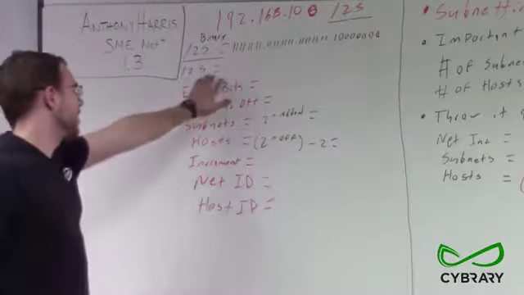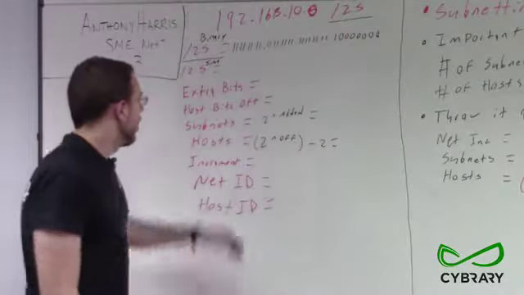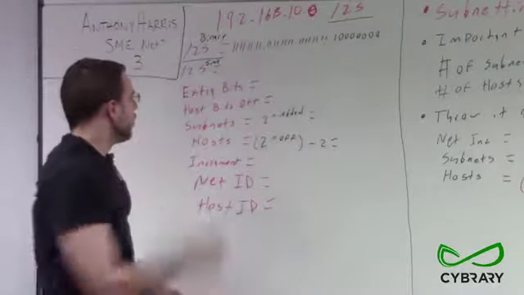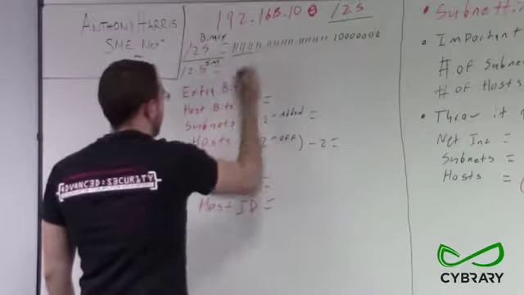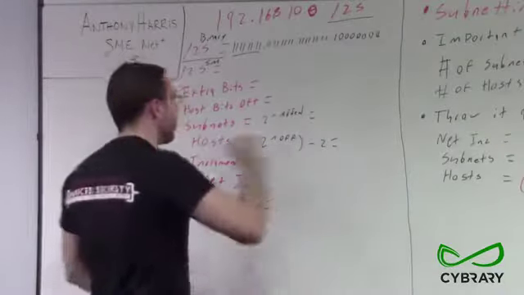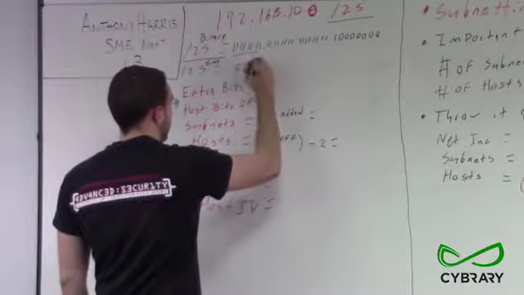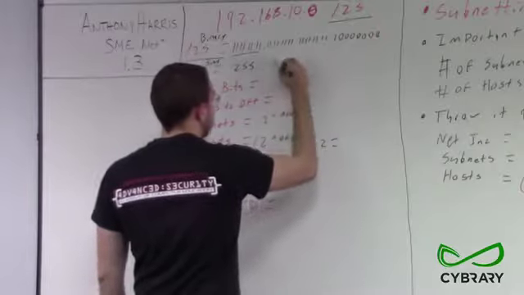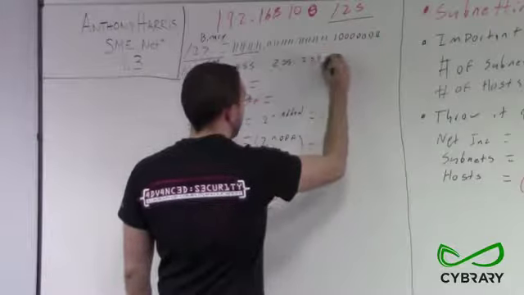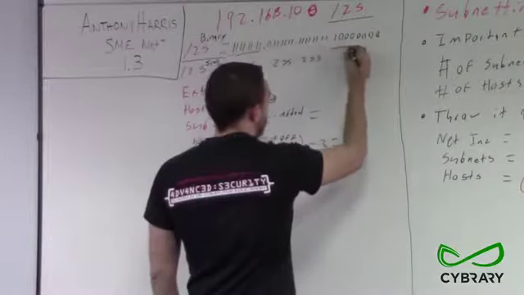Now, how do we translate this into our non-binary subnet mask? Well, when we have all ones in an octet, we automatically know that that's 255. All ones in an octet is 255, just like all zeros in an octet is 0. So 255.255.255 dot. Now we need to break out our little chart.